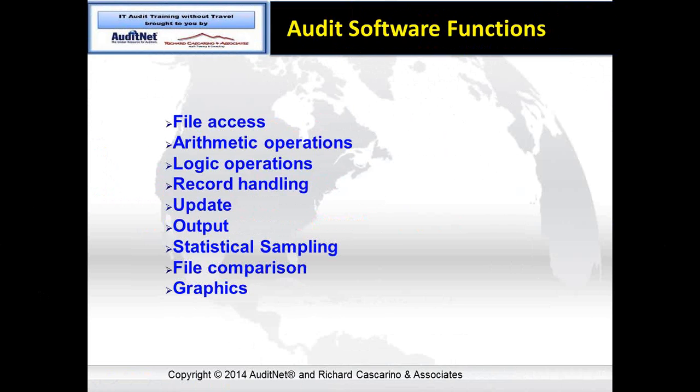I don't normally get into that level of depth of heavy-duty statistical sampling, non-parametric testing, etc., with small populations, looking at standard errors of the estimate and so on. But there's software out there that will do it for me. File comparisons, production of graphics, all standard features within audit software.